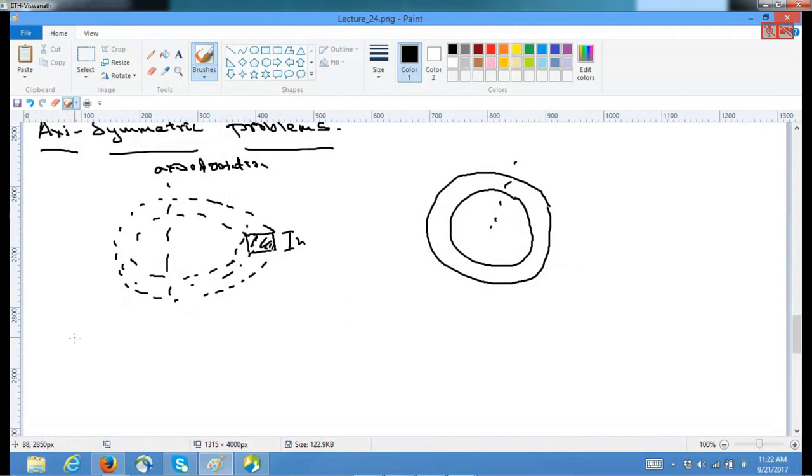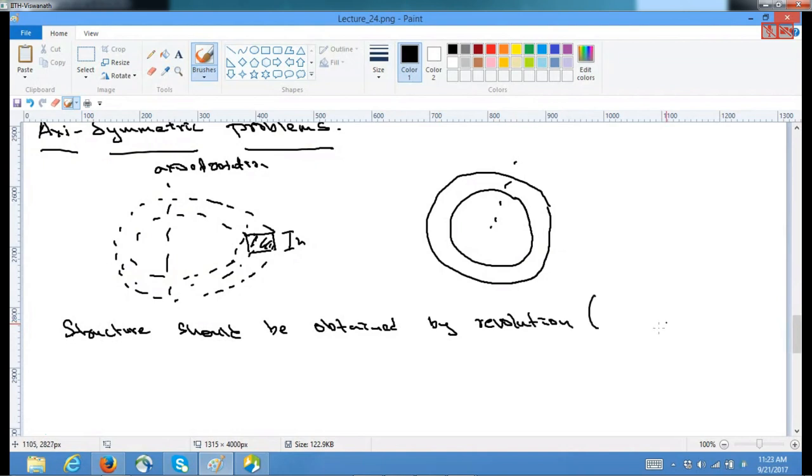So the structure should be obtained by revolution. That means you take an area and sweep it about an axis. The net thing that forms is your structure. And this is the first criterion.